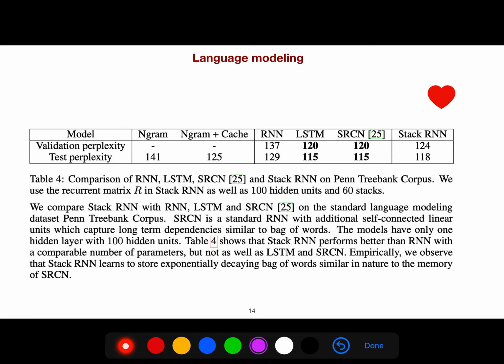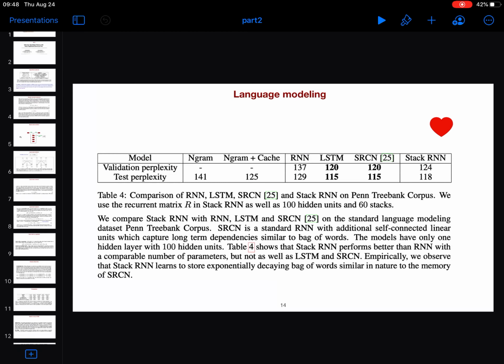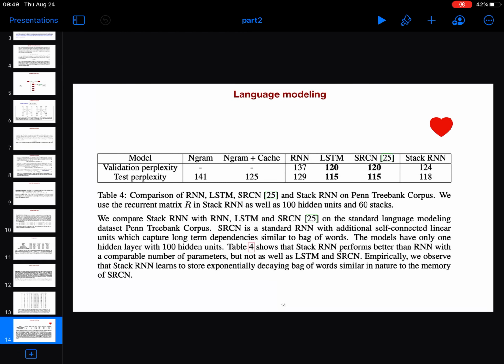But the important thing is your computational complexity. For language modeling, as you have seen in my playlist, we have perplexity. For validation, they have this perplexity. For test, we have a different perplexity. And they have compared stack RNN, your traditional RNN, and LSTM, and they have seen the results.